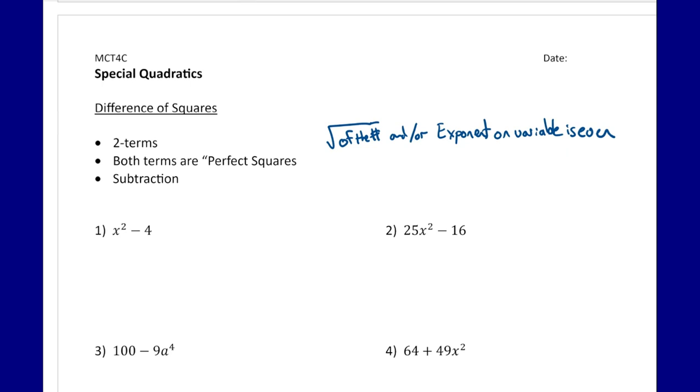And if the exponent on the variable is even, that also means it's a perfect square. And we'll look at examples of that.